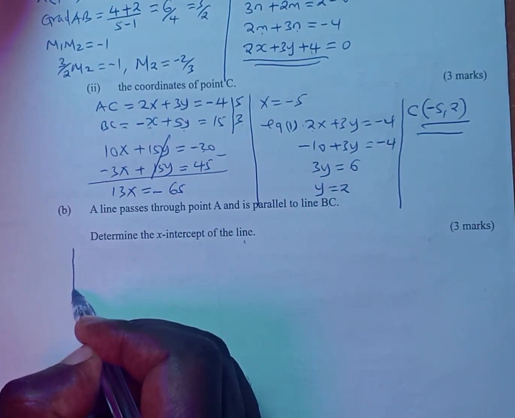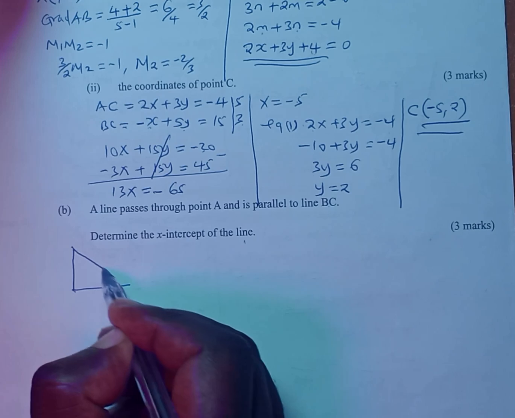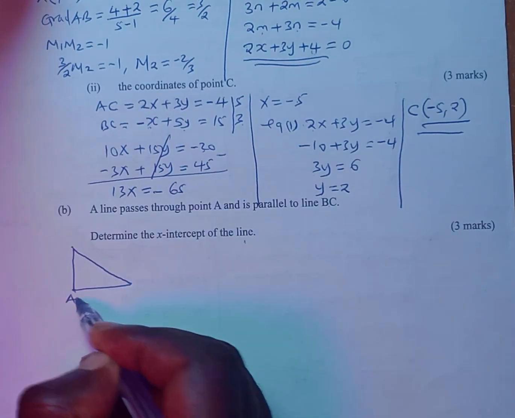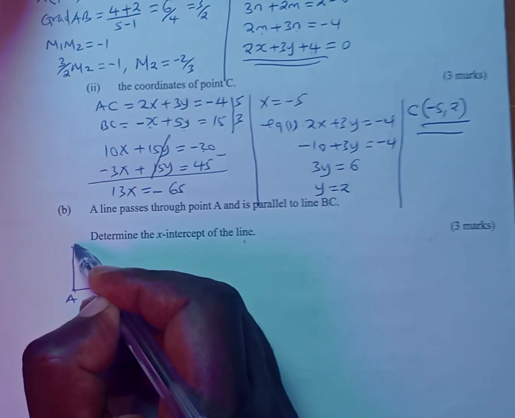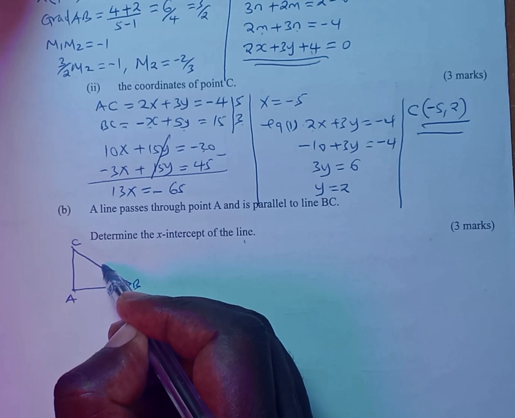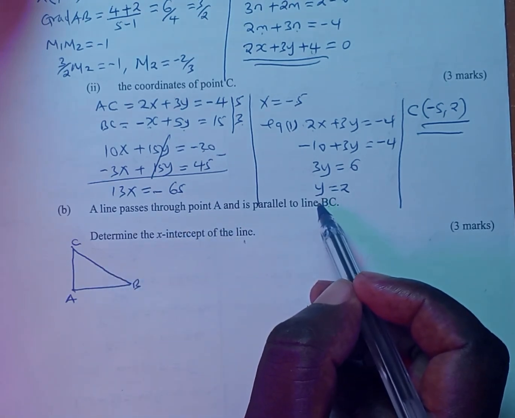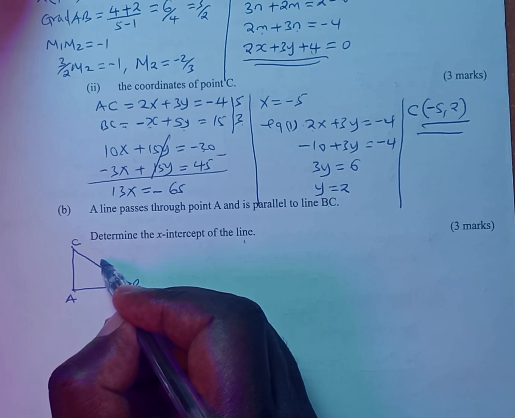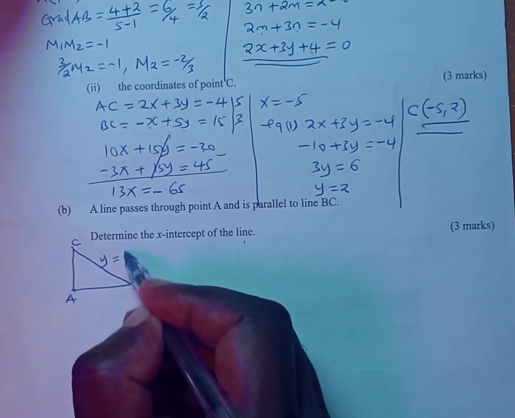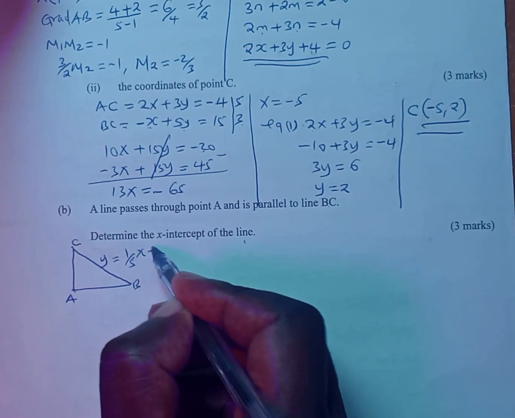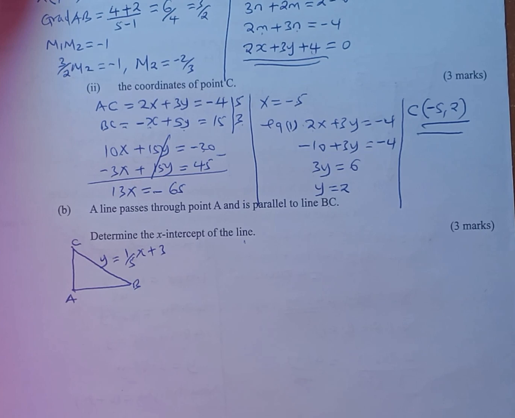We had already drawn this kind of sketch where we have A, we have B, we have also C. We have been given the equation of BC, which we expressed in the form y equals mx plus c, as y being equal to a fifth x plus of course 3.